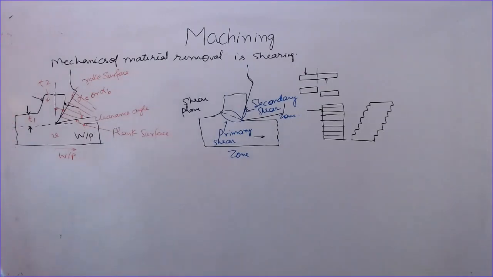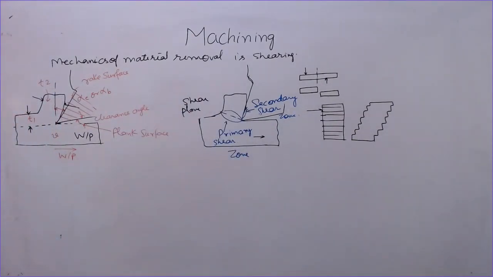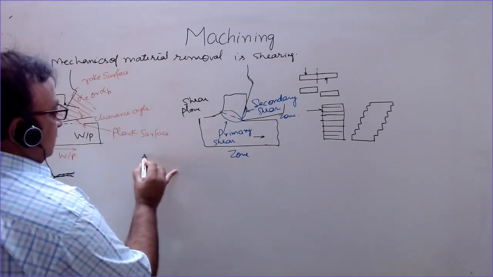So secondary shear occurs along the rake surface of the tool, and primary shear occurs here along the primary shear plane. So this is the mechanism. Now after this, let us discuss the relation among the geometry of the tool with the angles. Or one thing more here I would like to add, the ratio of T1 to T2.